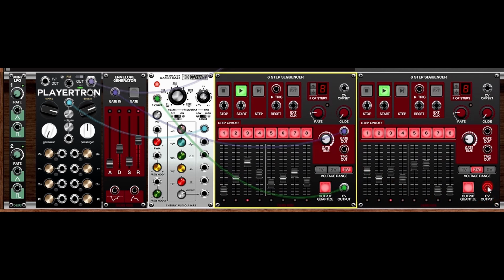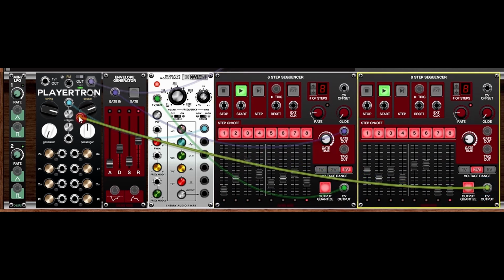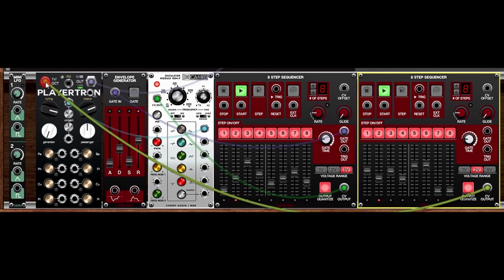And let the Playertron module play a tune. And both CV sources, here both sequences are running at different rates. We can get nice polyphonic sequences.